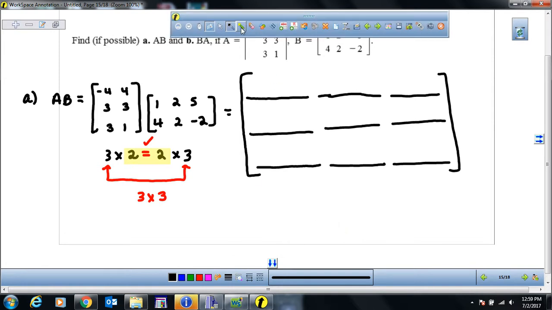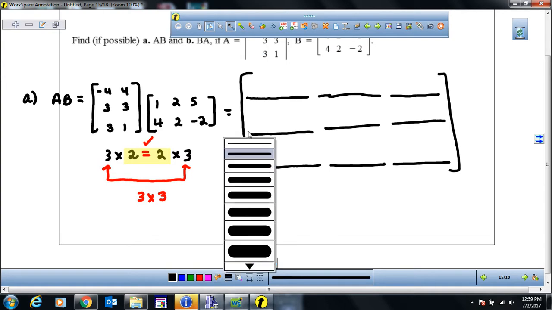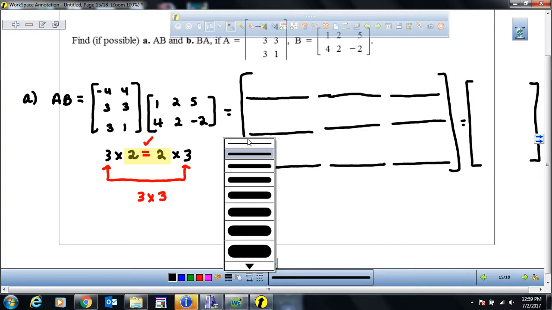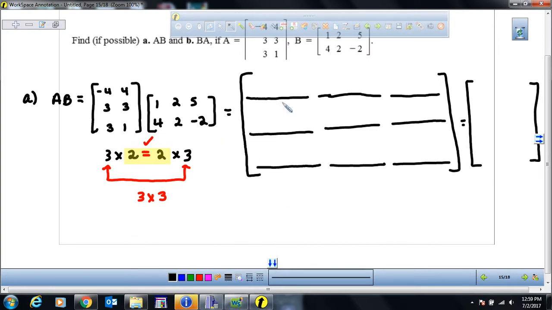Now, this is what it was telling you in the definition of how you multiply them. So that's what I want to show you next. I'm going to put my answer on the right side right here. Now, the number in the first little box, on the first line, is located in the first row and first column, right?